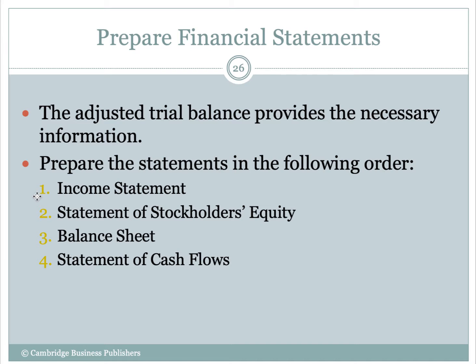Guess what? We need our equity balance in order to prepare the balance sheet, okay? The statement of cash flow shows us where our cash flow is coming from and where it's going, right? We'll talk about that a little later. But right now, we need the cash balance in order to prepare that statement of cash flow. So they're all interrelated in a sense.